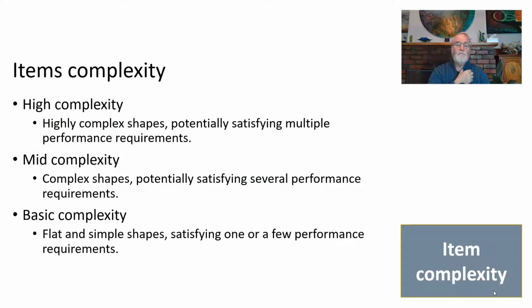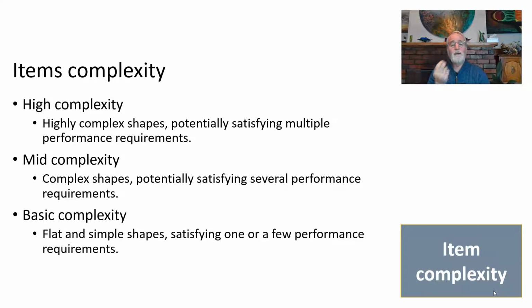There's then a level of complexity that we can consider. So we've had 3 different types of modules. We've got our volumetric, our panels, our walls. We can then see that each of those 3 can satisfy a few or many performance requirements, but there's then something that comes in with the complexity of the shape or the configuration. That is also something that we need to consider. So if we have a high complexity unit, these can be a highly complex shape that potentially satisfy multiple performance requirements.